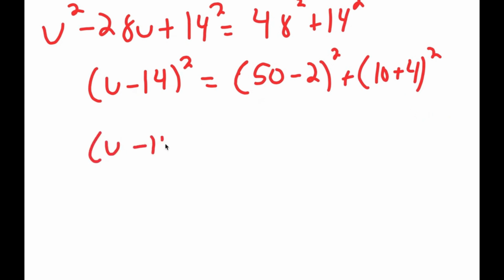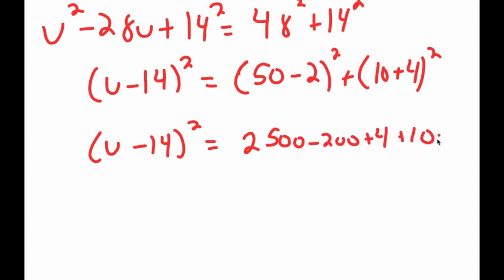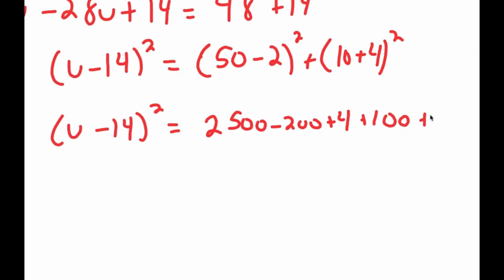Now from here, u minus 14 squared is equal to 2500 minus 200 plus 4 plus 100 plus 80 plus 16.